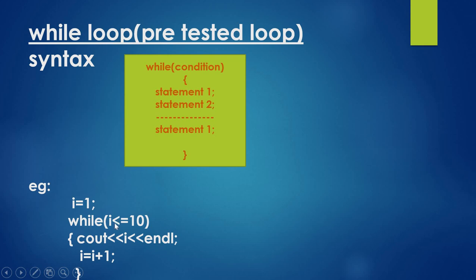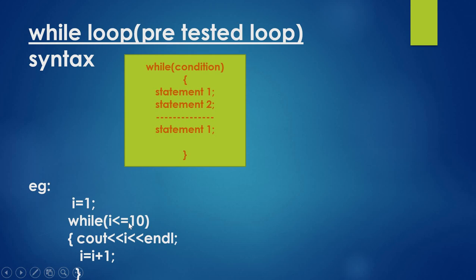When i is equal to 10, 10 is less than or equal to 10. That is true, so it will print 10. After that, i = 10 + 1, that is 11. In that case, 11 is less than or equal to 10 is false, so it will exit from the loop.